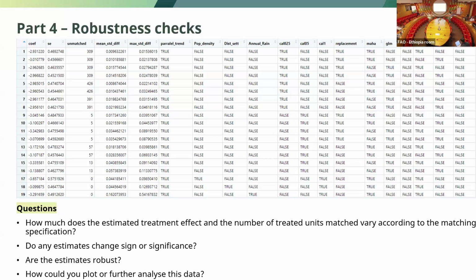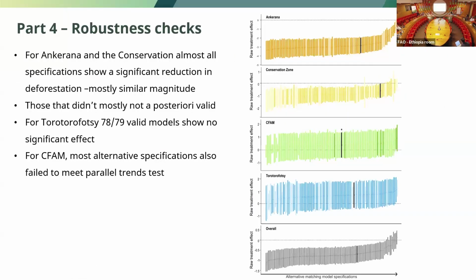And then there's various different ways you can visualize these results. So in our paper, we did it like this. Each point represents the raw estimate from one of the specifications, and the bars are the confidence intervals.